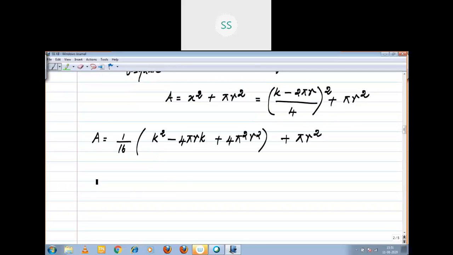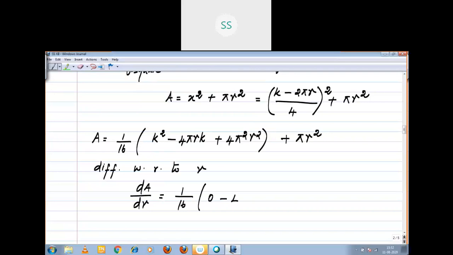Now you are going to differentiate with respect to r, because k is constant and r only is the variable. Now, dA by dr equals 1 by 16. The first term acts as 0.